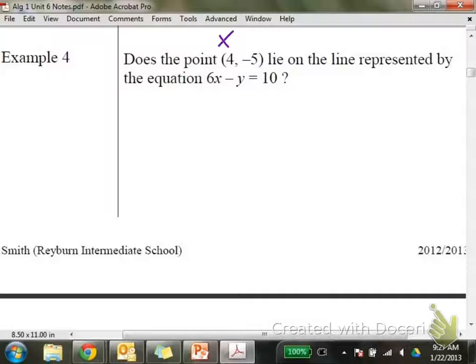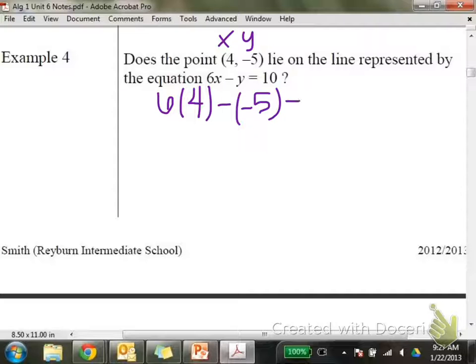Which one is the y? Negative 5. Now, what did I always tell you should do when you're plugging something in? Put what around it? Parentheses. So, this is going to be 6 times 4 minus y. What's y? Negative 5. So, that's going to be minus negative 5.